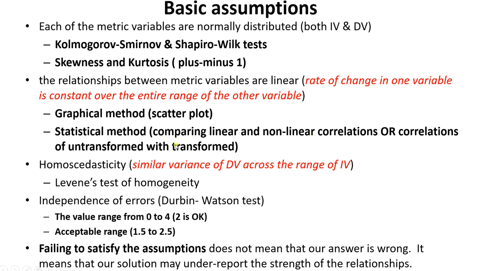The third assumption is homoscedasticity, also called homogeneity of variance. This assumption says that the variance in the outcome variable, the dependent variable, should be similar across the range of the IV. Suppose in an experimental approach you have two groups of the IV, gender, one male and one female.